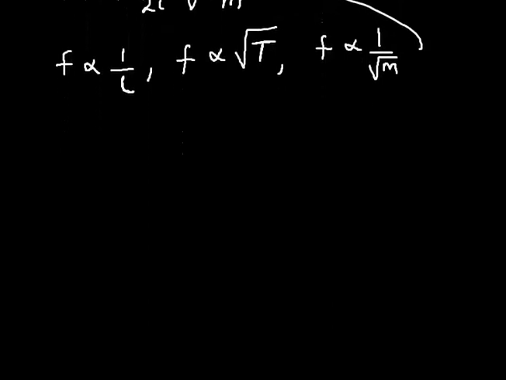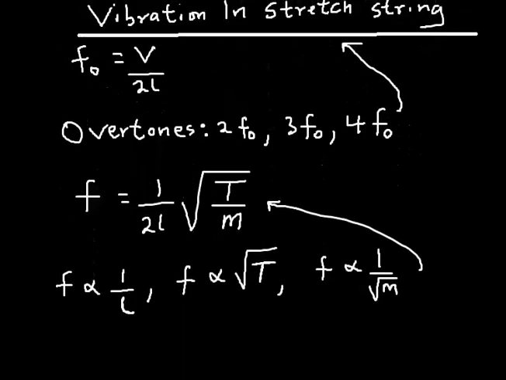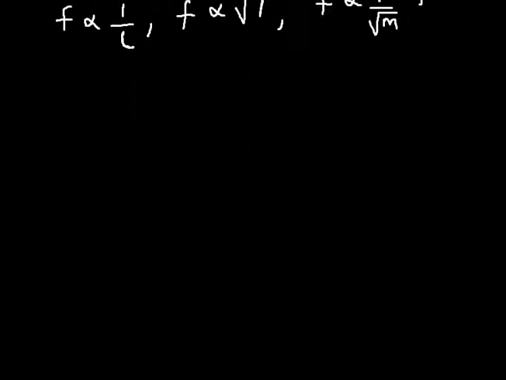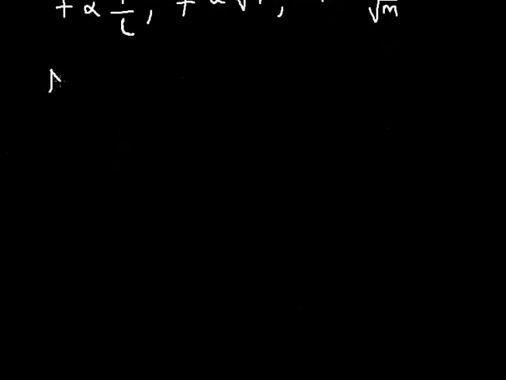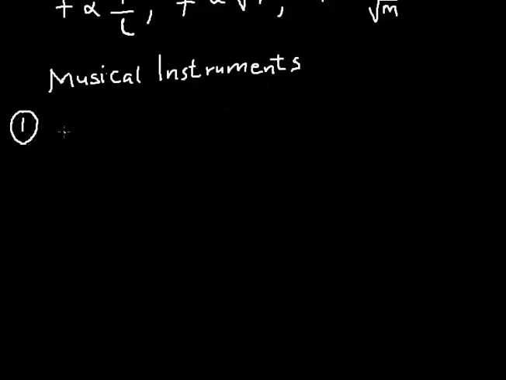So we are coming to the end of this. Now let's look at musical instruments. We can conclude by looking at different musical instruments. Musical instruments are classified as follows.